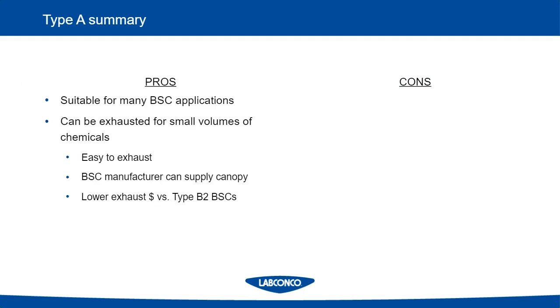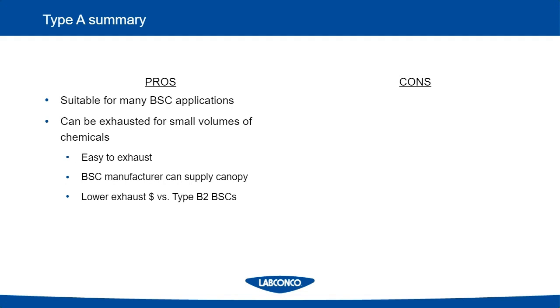So in summary for the type A2, these are suitable for many biosafety applications, and they can be exhausted with a canopy connection provided by the manufacturer for small volumes of chemicals. They're easy to exhaust in that you can connect them to a general laboratory exhaust system.